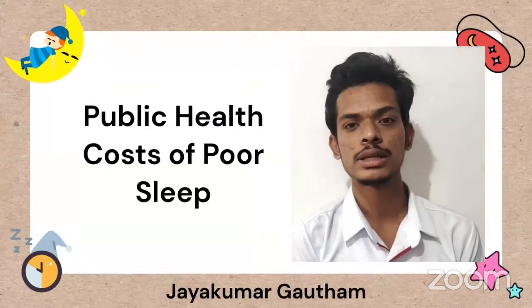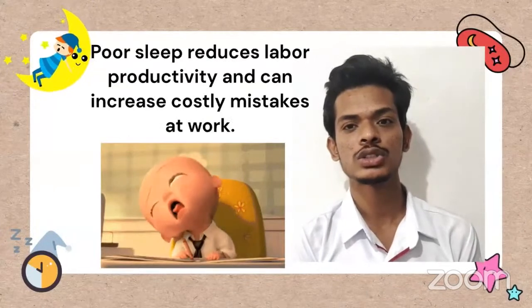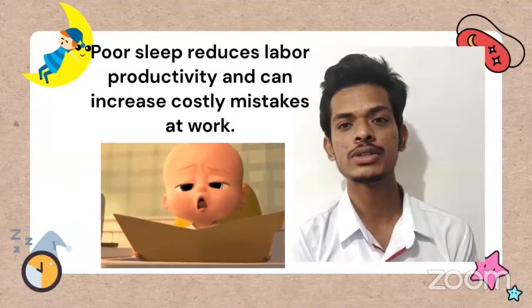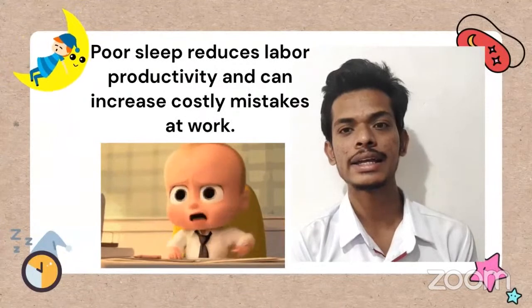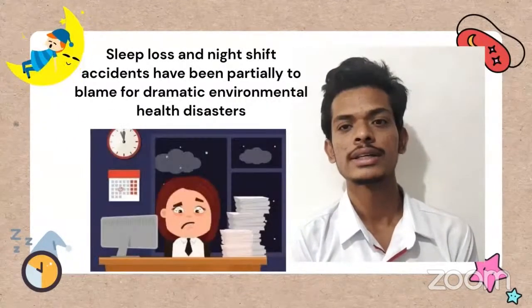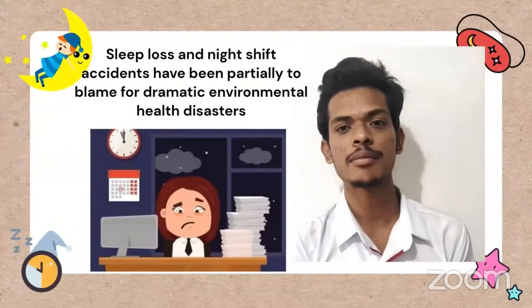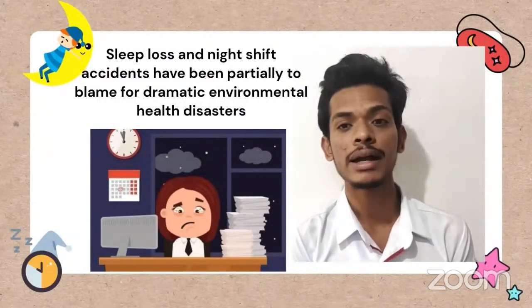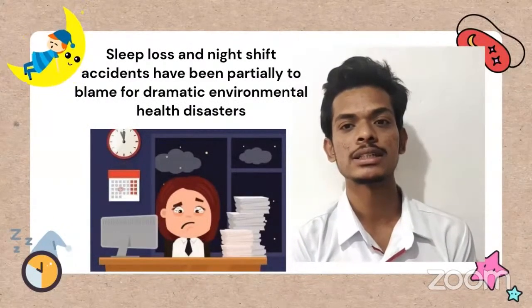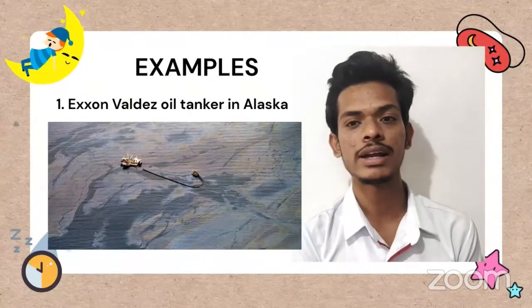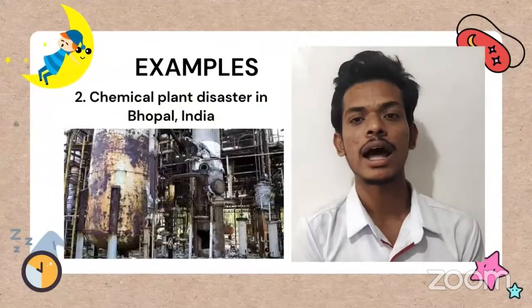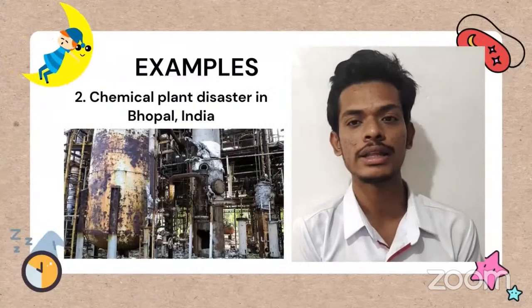Public health cost of poor sleep. In addition to the public health cost of traffic accidents, poor sleep reduces labor productivity and can increase costly mistakes at work. Sleep loss and night shift accidents have been partially to blame for dramatic environmental health disasters such as the grounding of the Exxon Valdez oil tanker in Alaska and the chemical plant disaster in Bhopal, India.